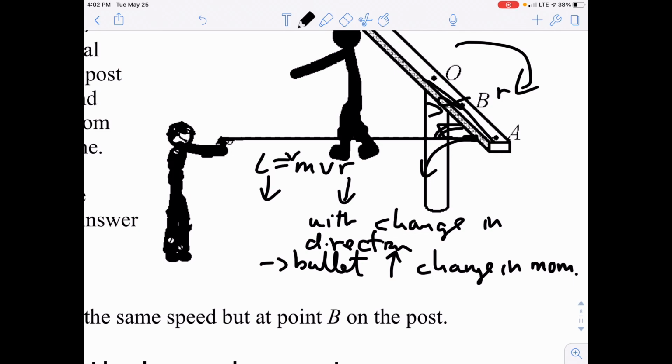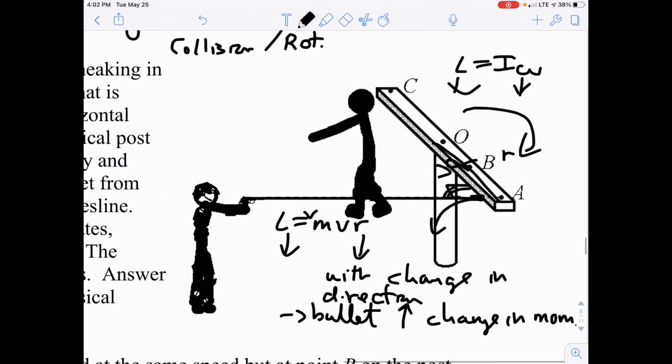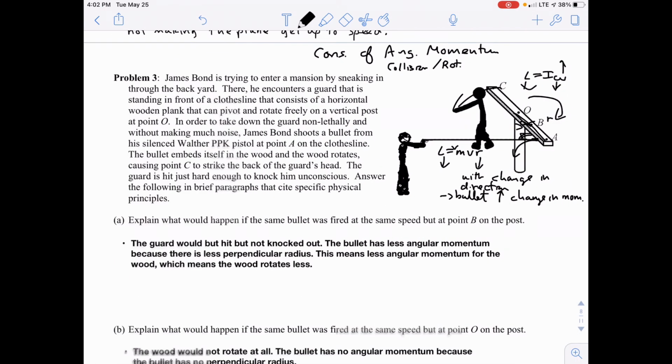Since the bullet has a greater change in momentum, the beam will have a greater change in momentum from 0, which means it will rotate much faster, hitting the guard.